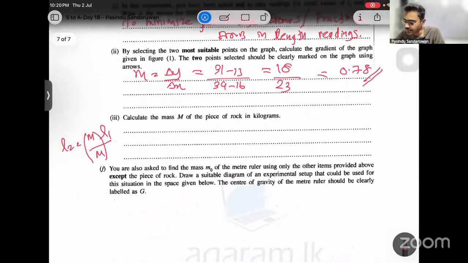So the gradient equals simple m over capital M. The gradient is 0.78.